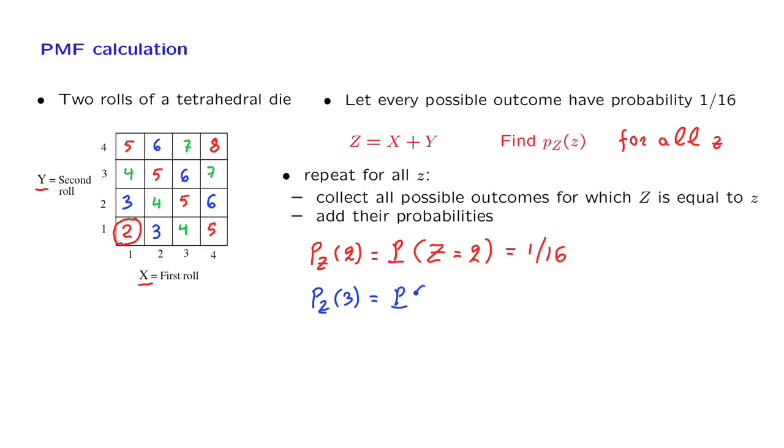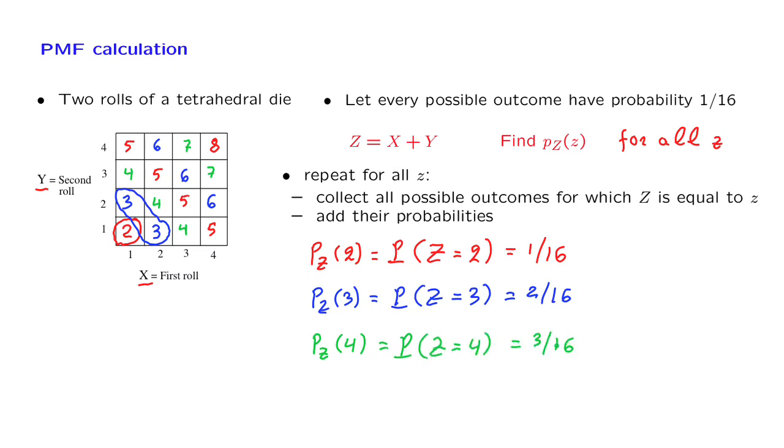This is the probability that our random variable takes the value of 3. This is an event that can happen in two ways. It corresponds to two outcomes, and so it has probability 2/16. Continuing similarly, the probability that our random variable takes the value of 4 is equal to 3/16. And we can continue this way and calculate the remaining entries of our PMF.